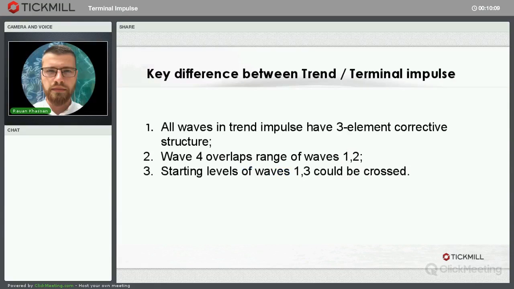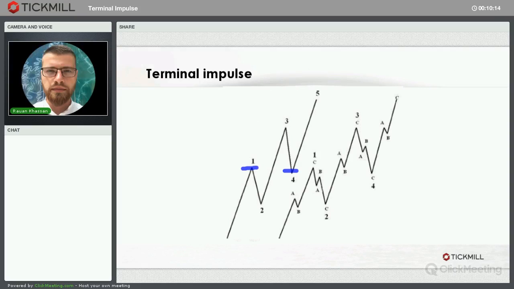And finally, the third difference is that the starting levels of waves 1 and 3 could be crossed, which means that during the forming up of following waves, as you may know in some correction patterns, for example, in flat corrections, the latter parts of the models may overlap the beginning of waves.